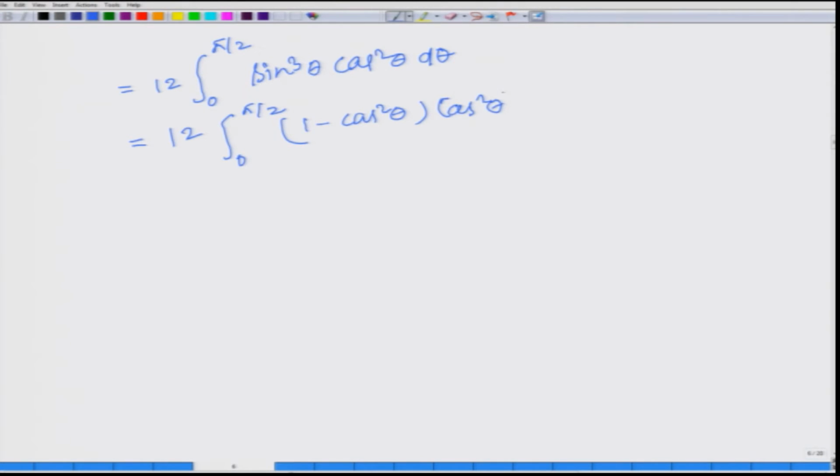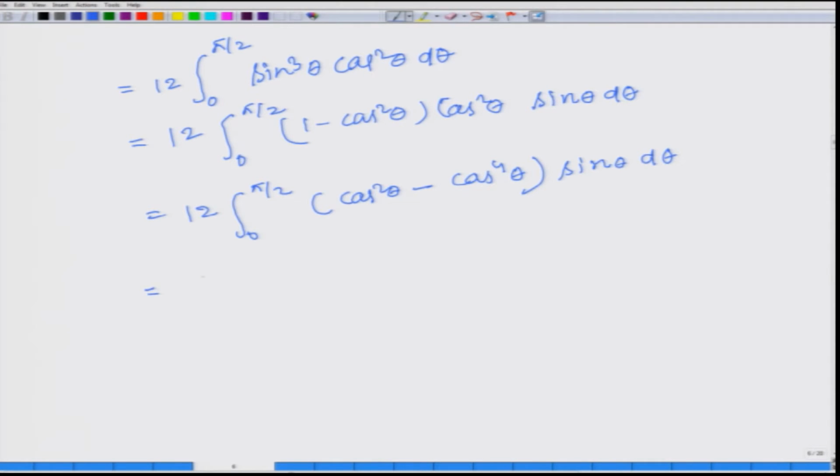So, one remaining sin theta will be here, sin theta d theta. So, this is 12, 0 to pi by 2, cos square theta minus cos to the power 4 theta, sin theta d theta, right. Is it okay?